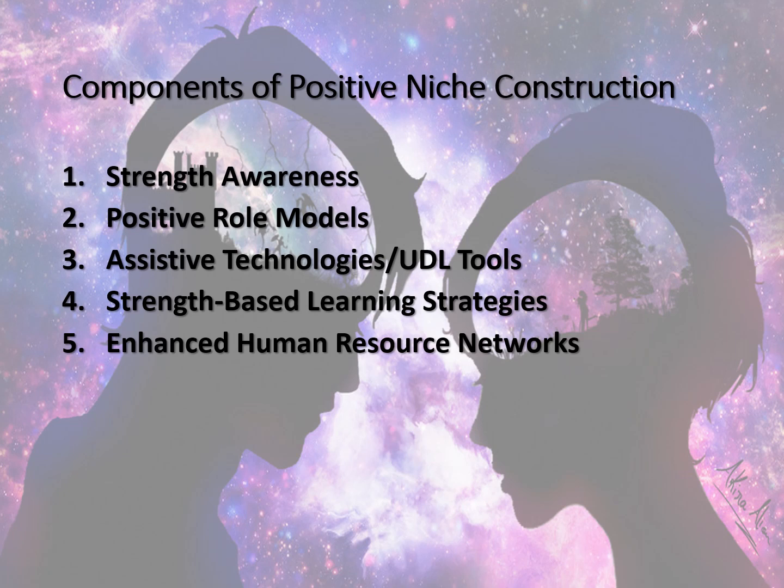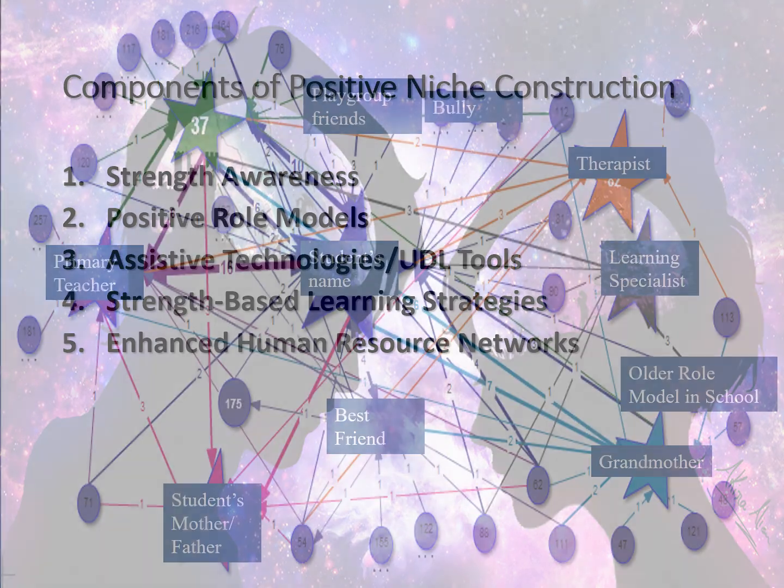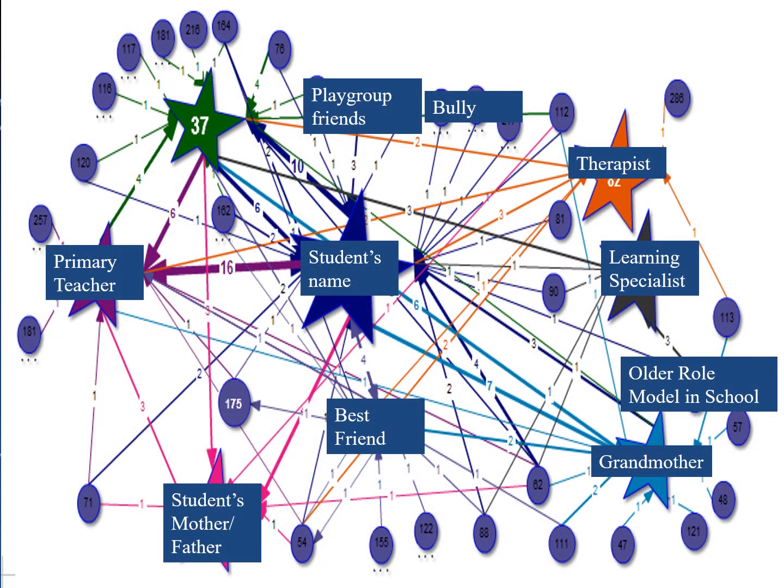The next component is enhanced human resource networks. Every child exists in a complex web of relationships, both inside and outside of school. Some of those relationships are life-sustaining, some of them are draining, some of them are bluntly destructive, as in the case of a bully or bullies in the life of a student.